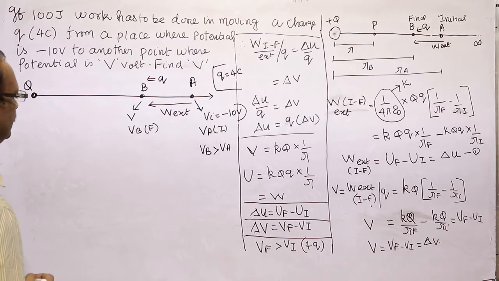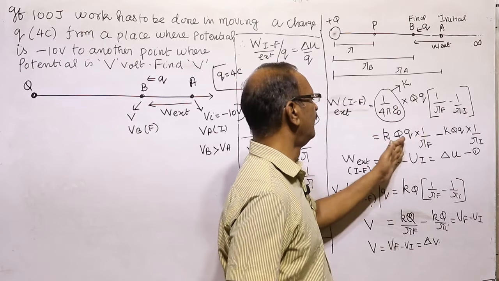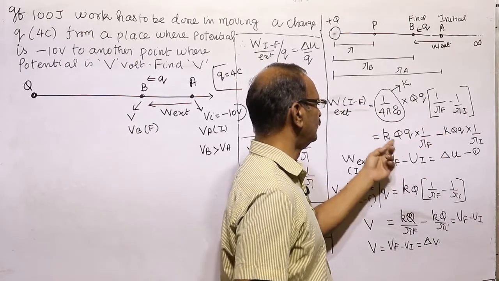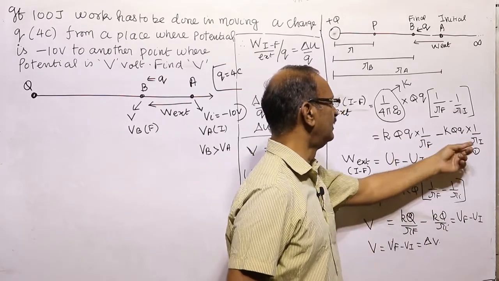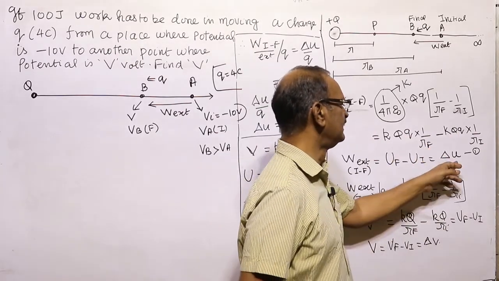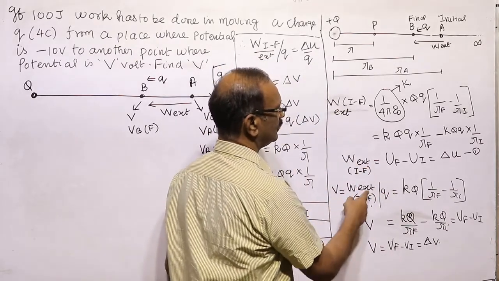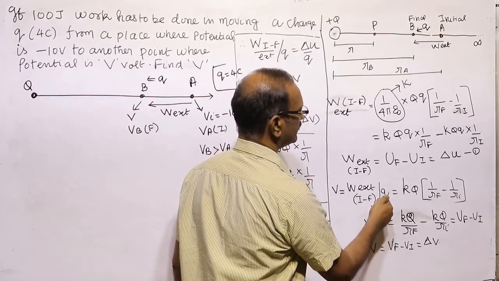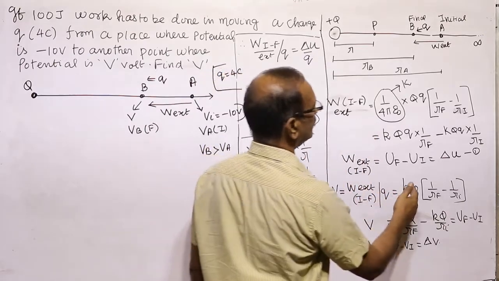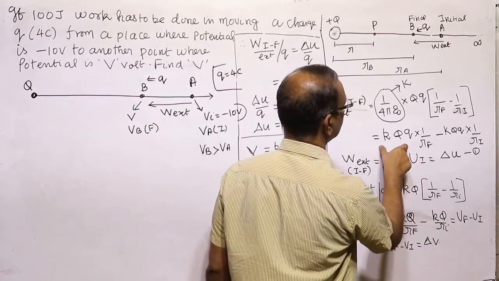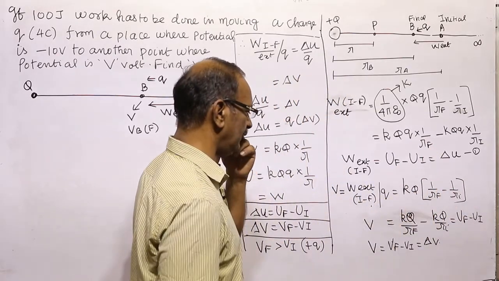So we know this relation: work done from initial point to final point is equal to potential energy final minus potential energy initial, that is the change in potential energy. Work done by the external source divided by the charge being brought, Q, gives KQ into 1 by RF minus 1 by RI.